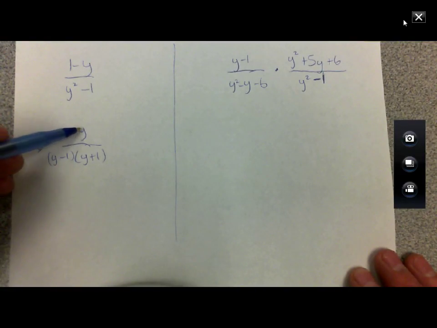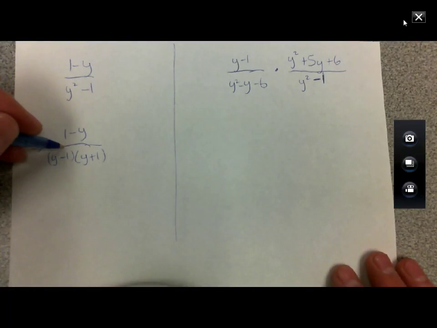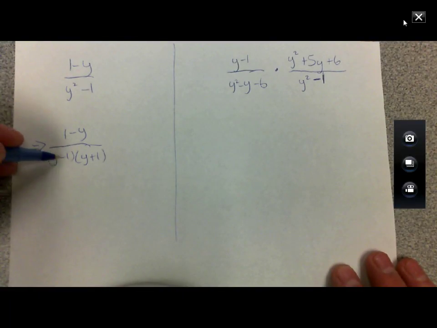I've got 1 minus y and y minus 1. That is very, very close to being what I want it to be, but it doesn't quite work out. So if I want to get this to work, I need to change this y minus 1 into a 1 minus y, really is what I want it to be.